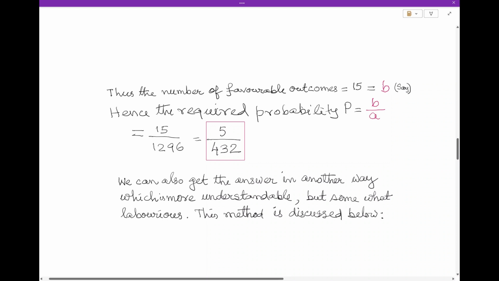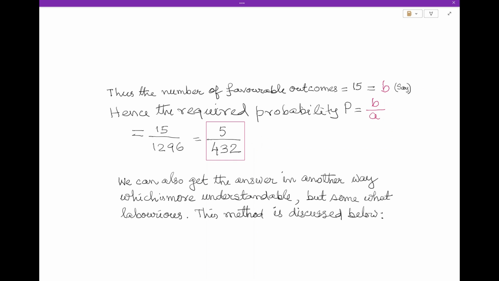Thus, the number of favorable outcomes is equal to 15, and that is B. Hence, the required probability P is equal to B by A, that is 15 by 1296, that is 5 by 432. And that is the answer.